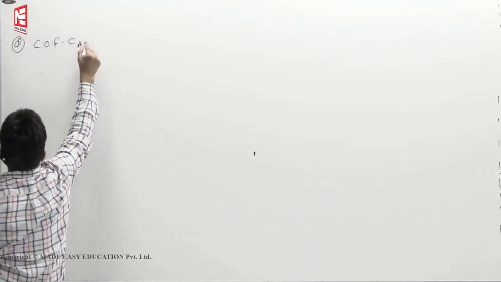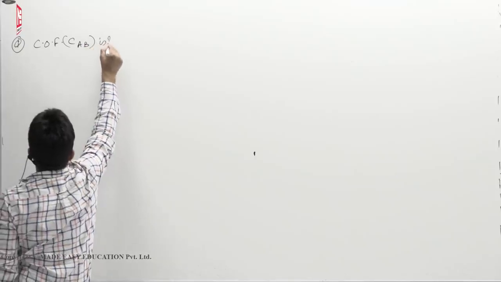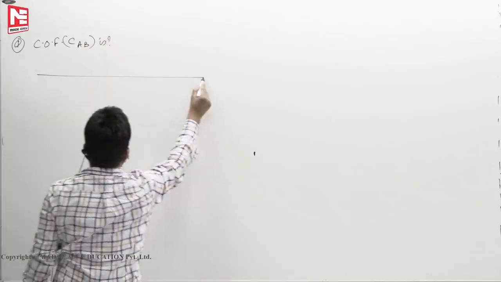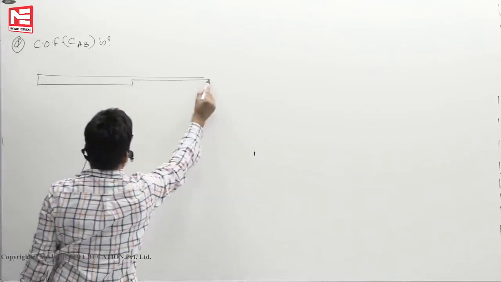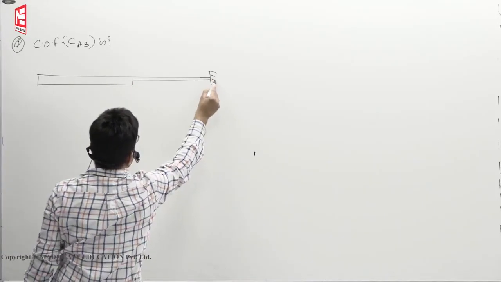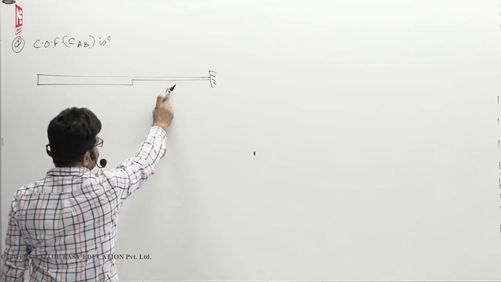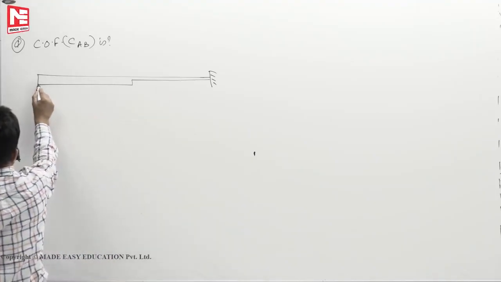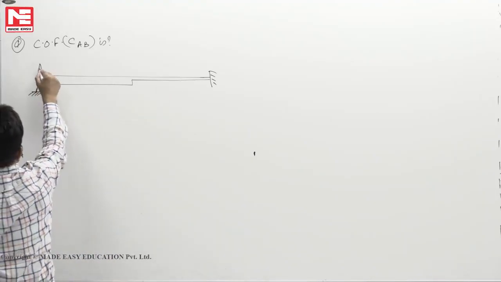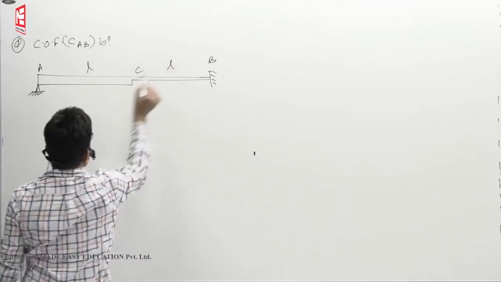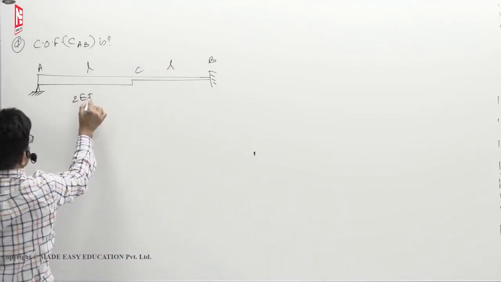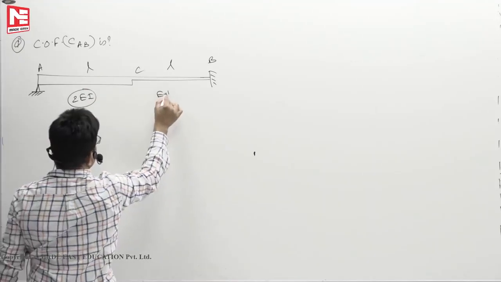Carryover factor CAB is, now see, we will make here a strong member, then weak member, fix it. Earlier problem it was infinity, now it is less. This point let us say A, B, C, length is L, L. This is say 2 EI, this is say EI.